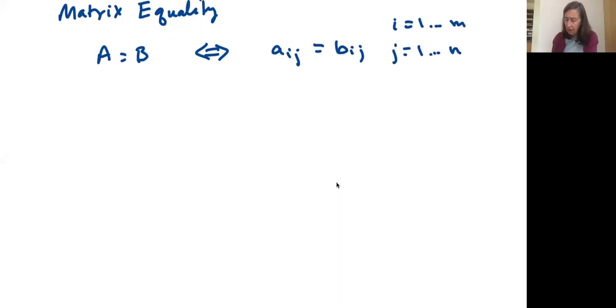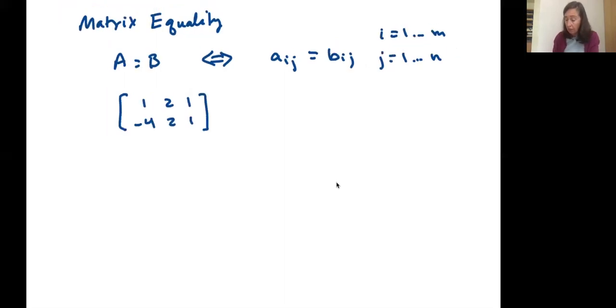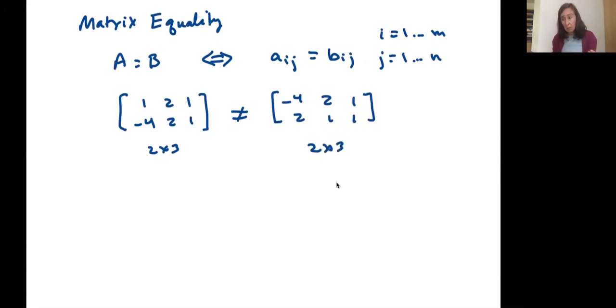Just to emphasize a point that you might be a little unsure about, if we have the matrix 1, 2, 1, negative 4, 2, 1, what is that? That is a 2-row, 3-column, 2 by 3 matrix. And we compare that to this matrix here, negative 4, 2, 2, 1, 1, also 2 by 3, and there are the same numbers here.